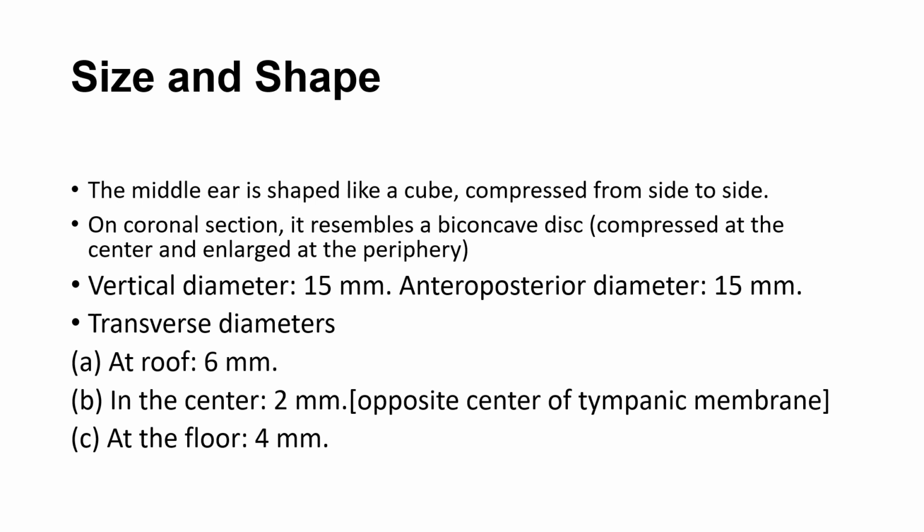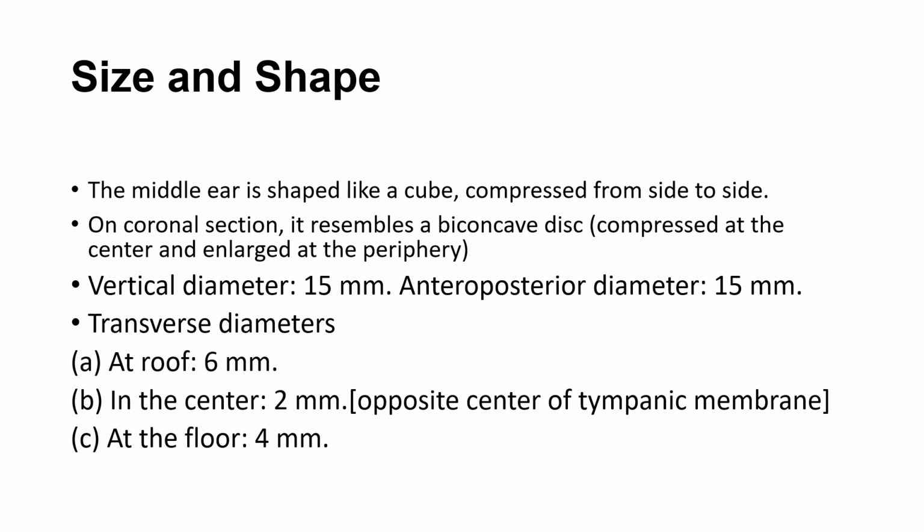Since it is like a cube, its vertical diameter and anteroposterior diameter are the same, that is 15 millimeter, but the transverse diameter, because it's shaped like a biconcave disc in the coronal section, will be least in the center, opposite to the center of the tympanic membrane.